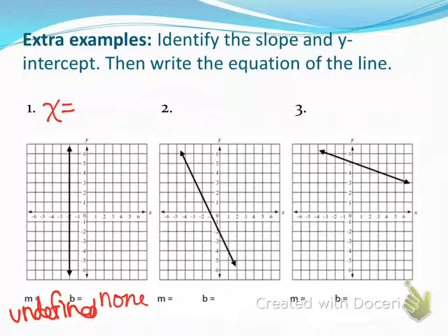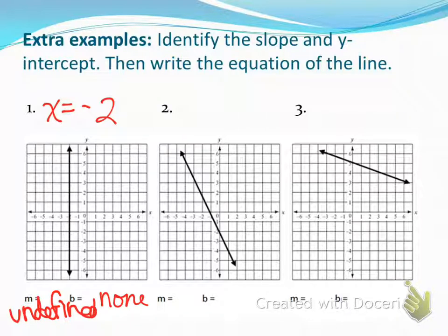What number should x equal? -2. Any of these points is going to have a -2 for the x: -2, 1; -2, 2; -2, -4. So x will always equal -2. That's kind of a special case.